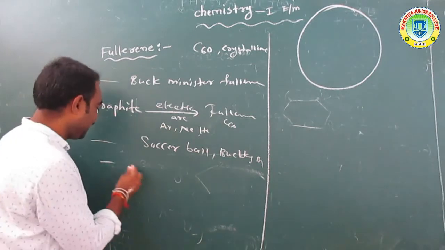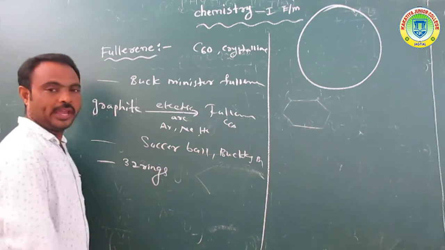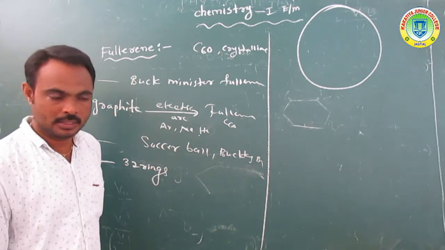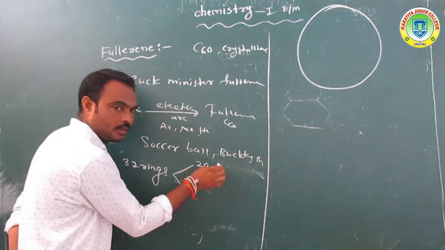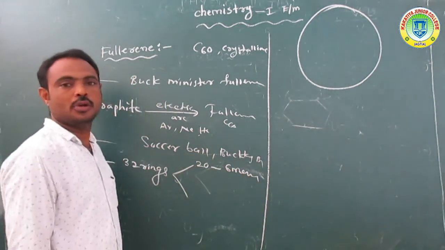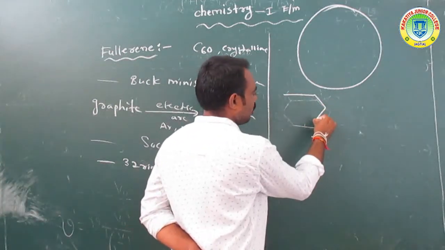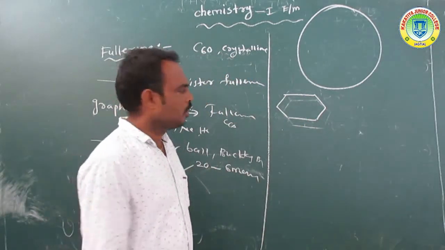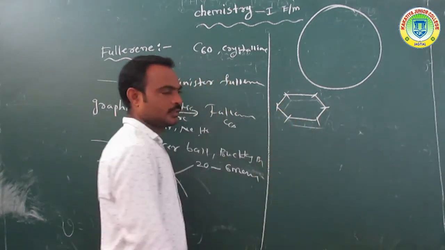Overall, fullerene contains a total of 32 rings. How many rings? Total 32 rings. Of these 32 rings, 20 are 6-member rings, like a benzene structure: 1, 2, 3, 4, 5, 6.